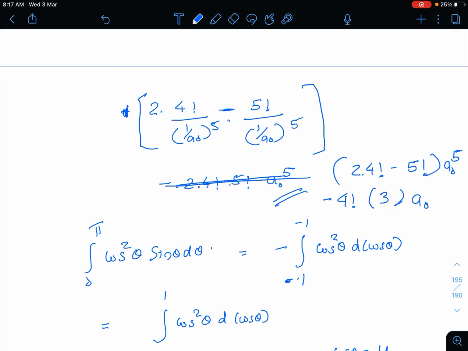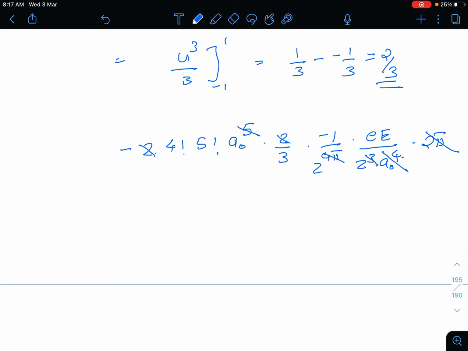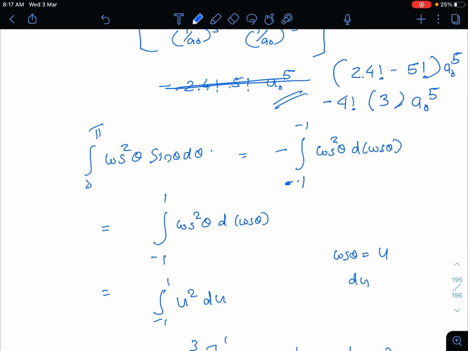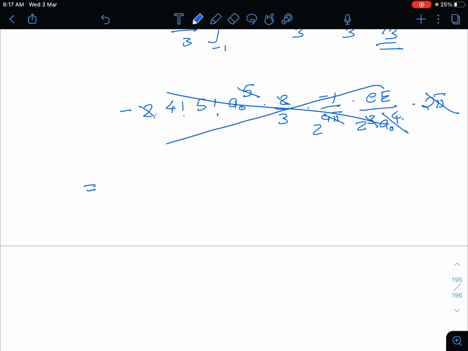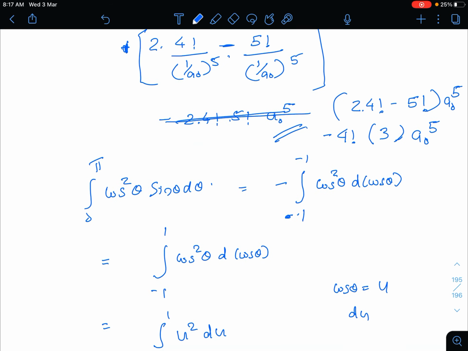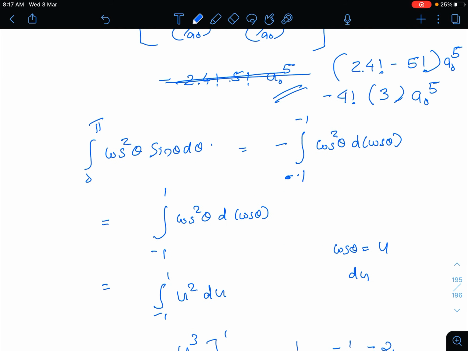I am really sorry for that. A0 raised to 4. Okay, so this was wrong. So what remains here is minus 4 factorial into 3 a0 raised to 5.